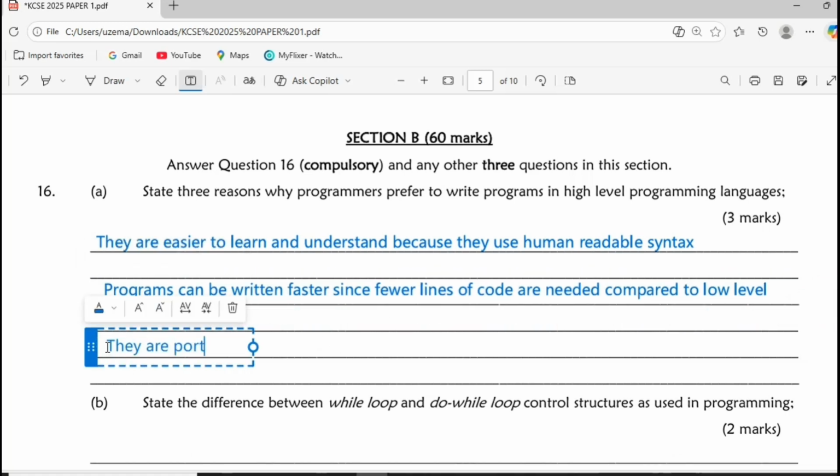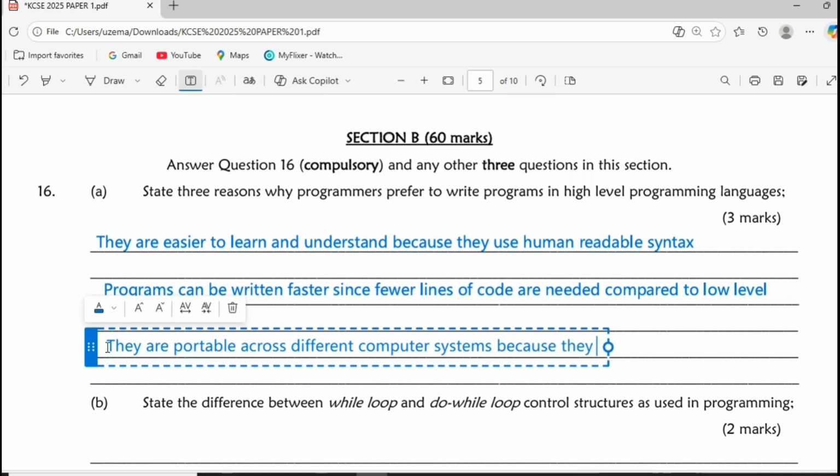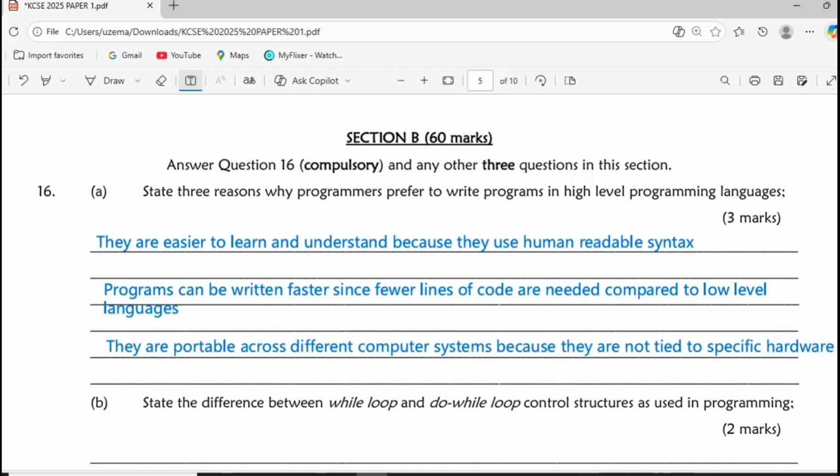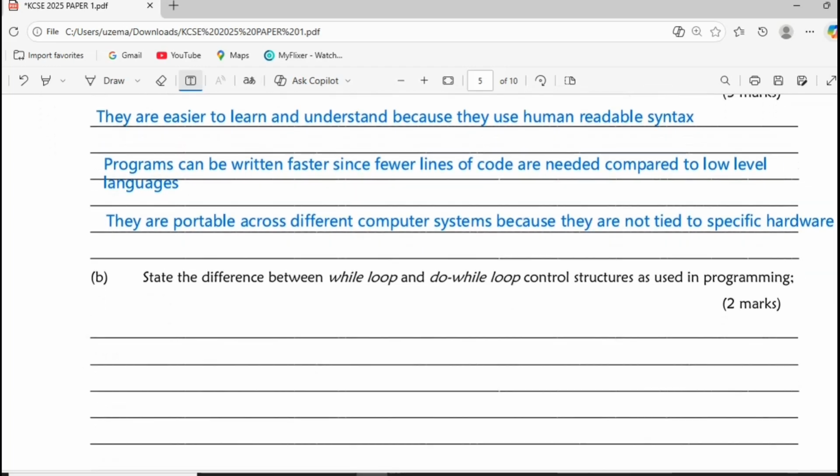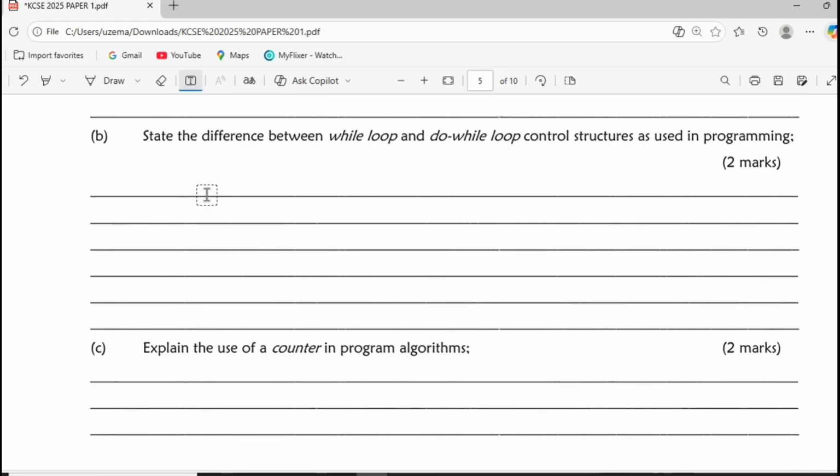And thirdly, these languages are portable in the sense that they can work across different computer systems, unlike low-level languages which are machine-dependent. They only work with specific machines.